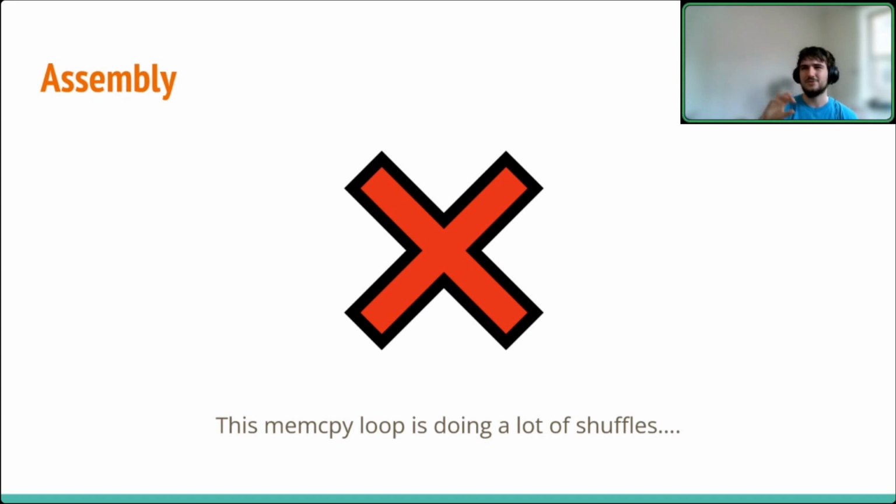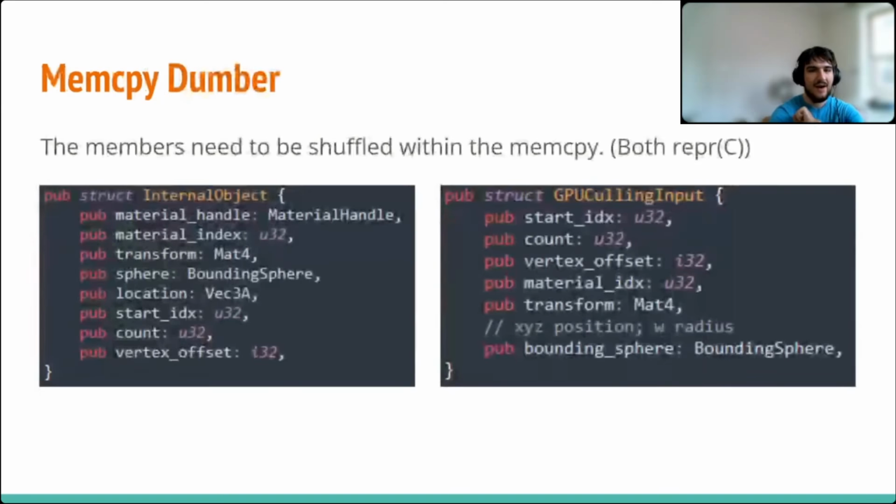It had to do small reads and small writes. If you know anything about how CPUs work, it's very good if you can do big writes and big reads, and that's the only way you can actually get performance. We need to stop shuffling so much.